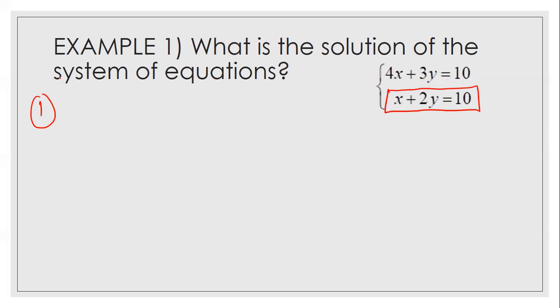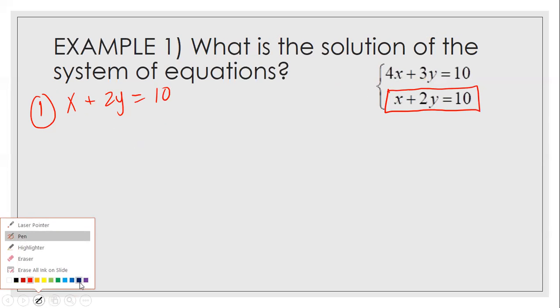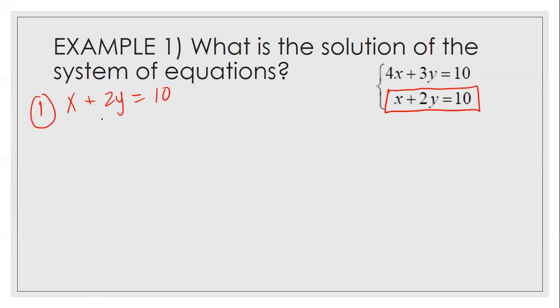So we have x plus 2y equals 10. What do I need to do to get x by itself? I'm going to subtract the 2y. And this leaves me with x equals 10 minus 2y. So that's step 1.